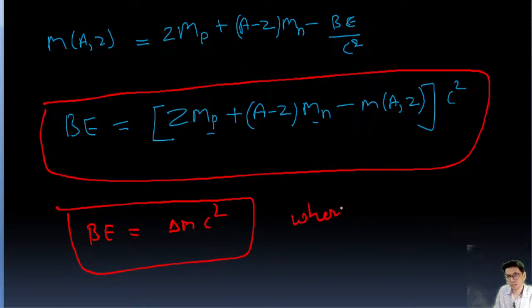So BE, that is binding energy, is equal to delta M c square, right?